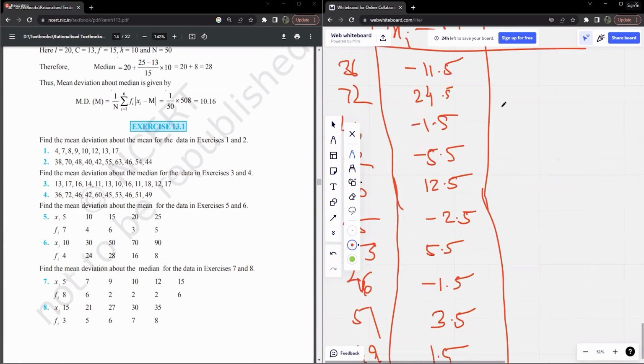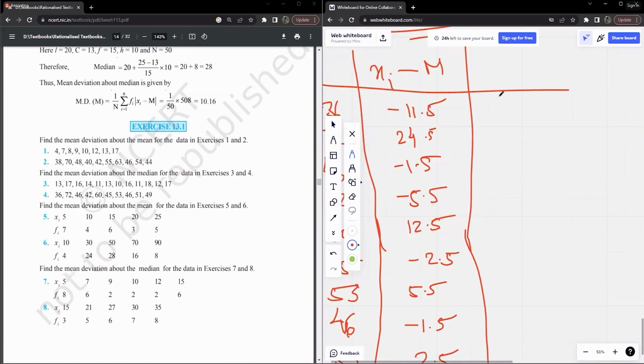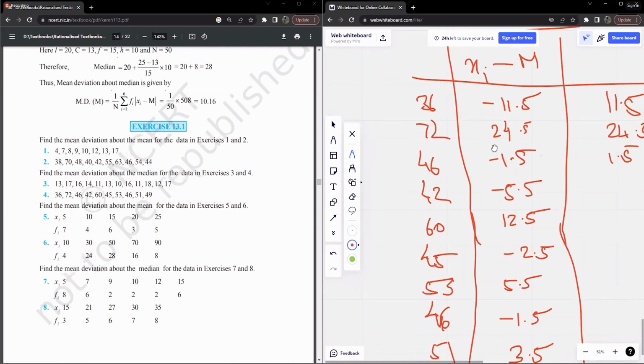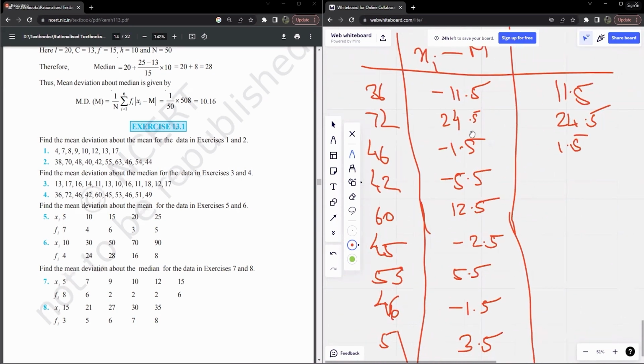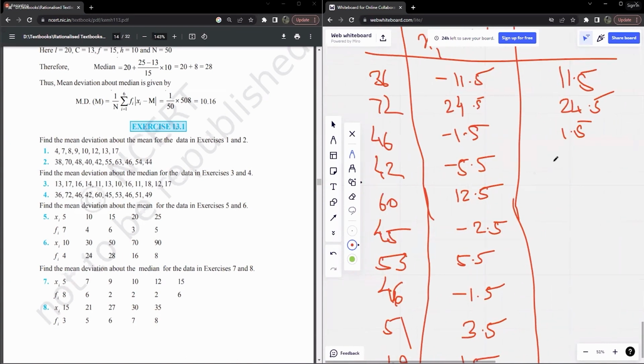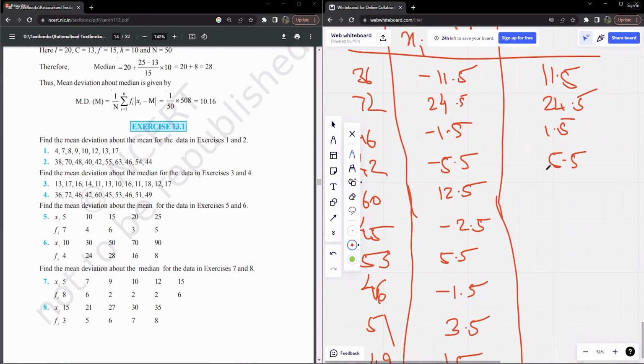Right. So I'm going to have basically 11.5, a 24.5, a 1.5. 46 is a 1.5, 42 is a 5.5. Right? 60 yields me a 12.5.